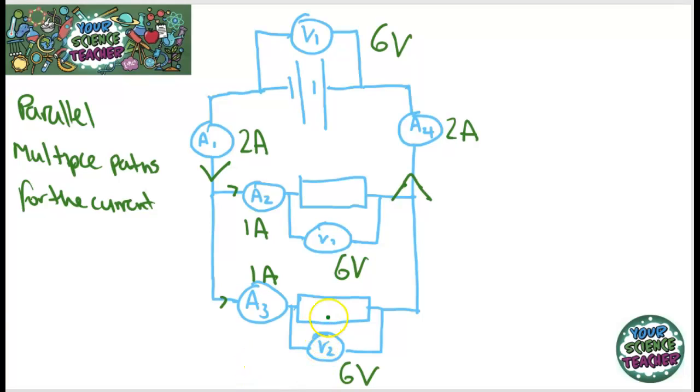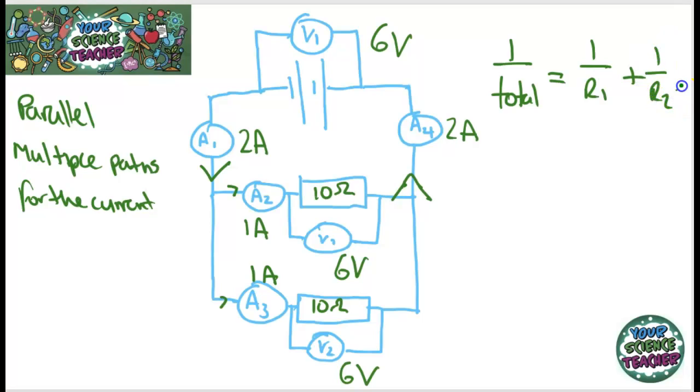But what about resistance? Resistance, we looked at that for the last one. You just simply added it up, didn't you? However, the total resistance for this circuit is harder to calculate. What you need to use is this equation. The 1 over the total resistance equals 1 over R1 plus 1 over R2. And if there's any more resistors in, then you just add them on as well.